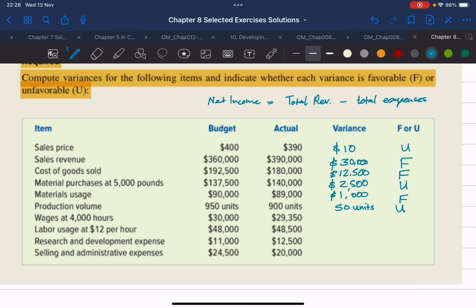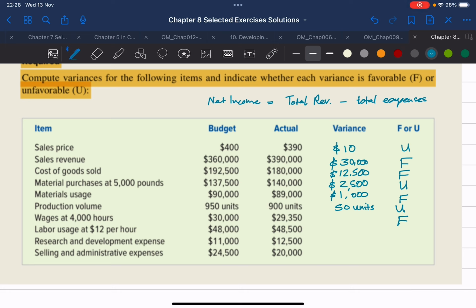Next one, wages at 4,000 hours. The budget was $30,000 and the actual cost or expense for wages was $29,350. So the actual cost here is lower than the budgeted cost, so that would be a favorable variance.